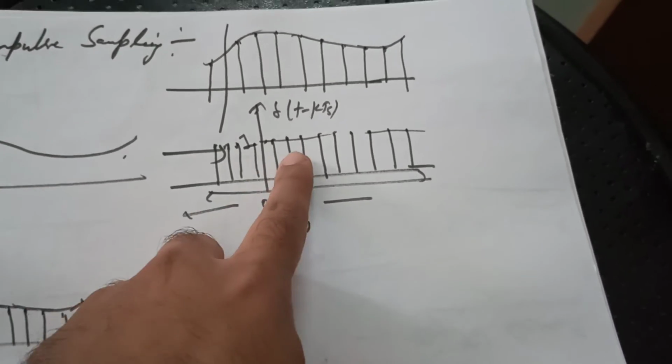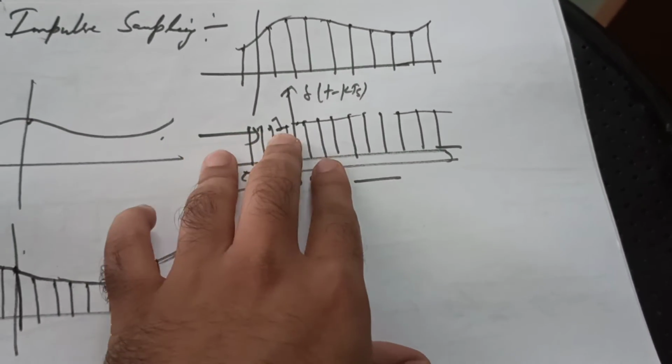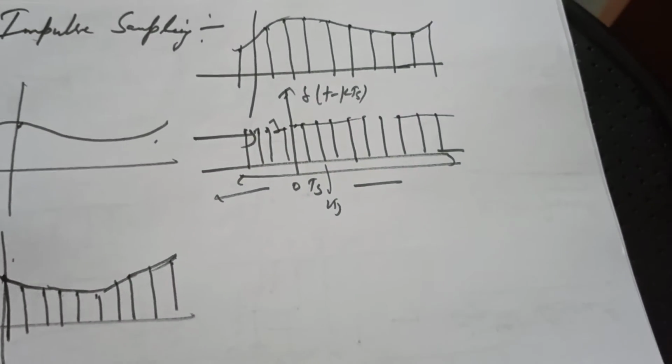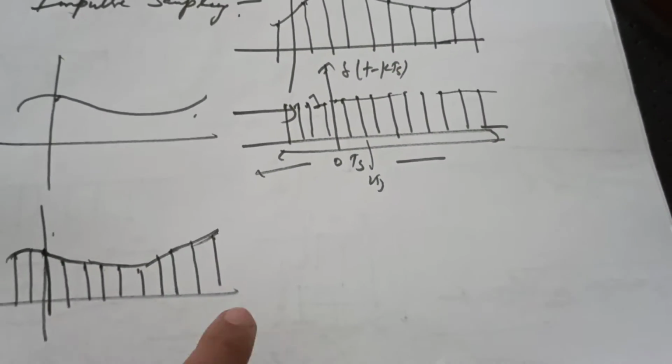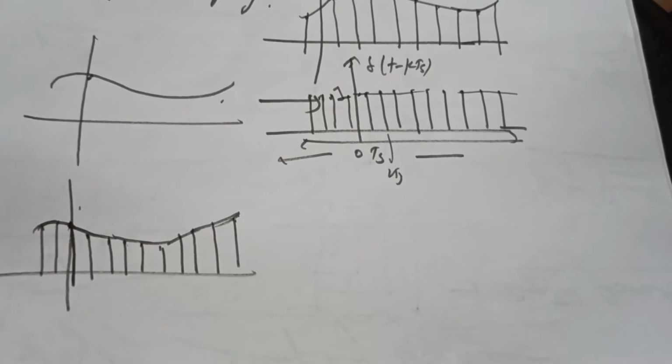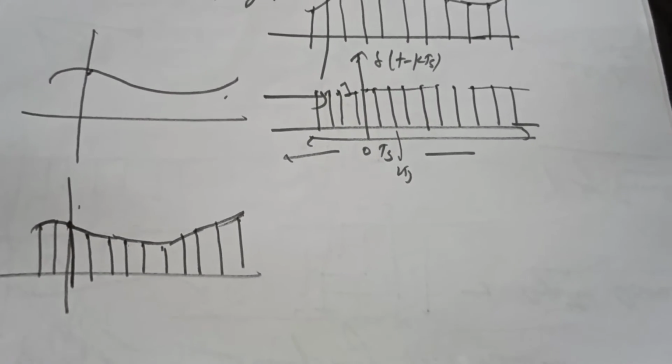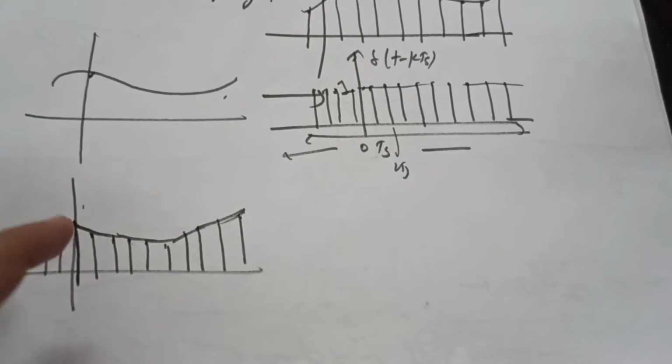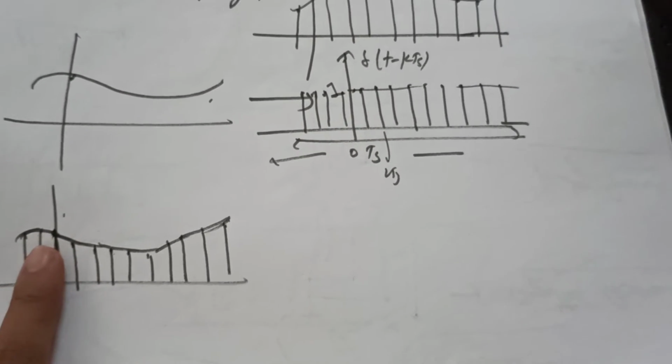That is, this when sampled by this particular impulse train, which is given by delta t minus k Ts, will provide you this. Is it clear or not? I think this is very much clear. Okay, so this is how the sampled signal is obtained.